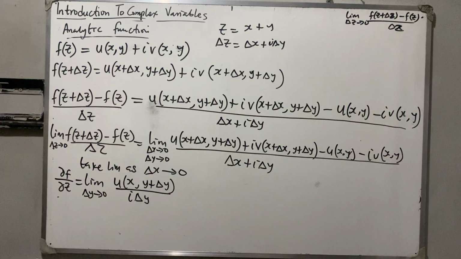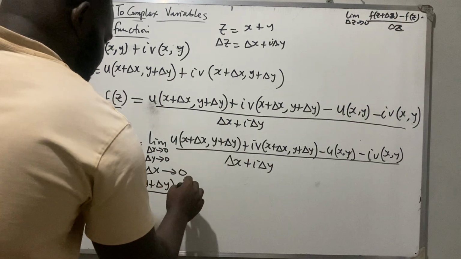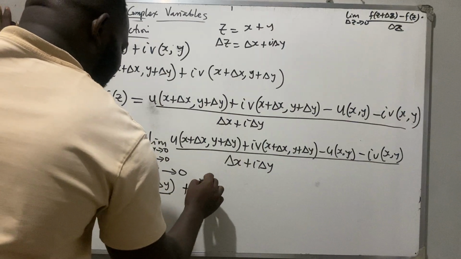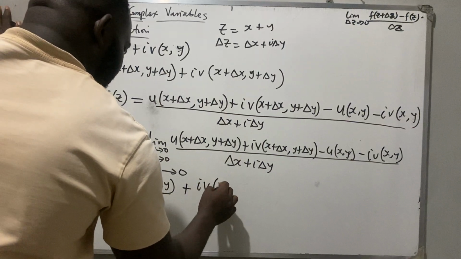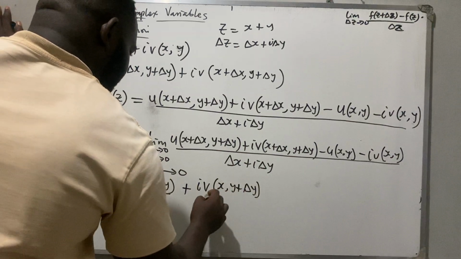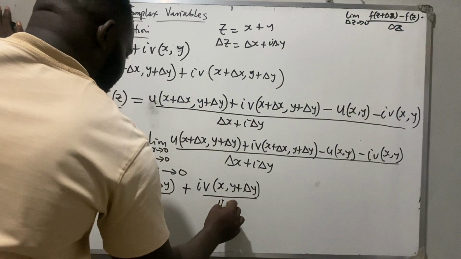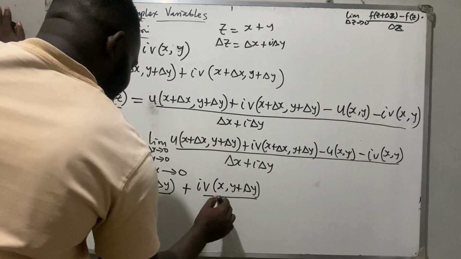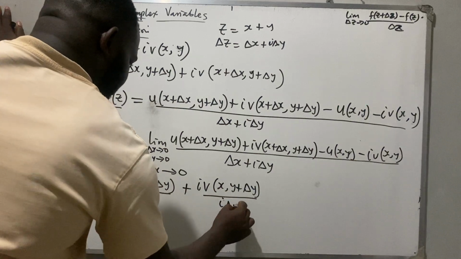So the next one is going to be plus iv of x, comma, y plus delta y, all over i delta y.